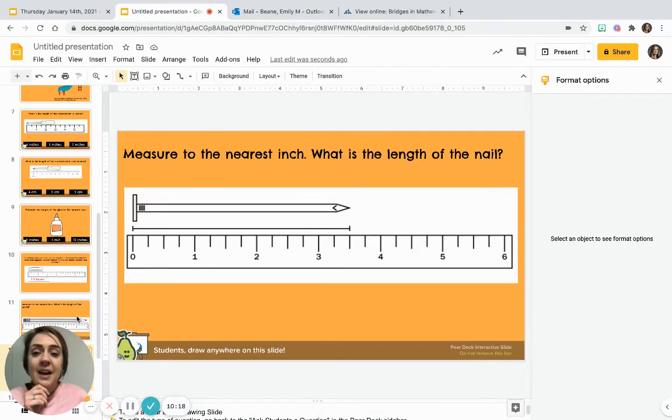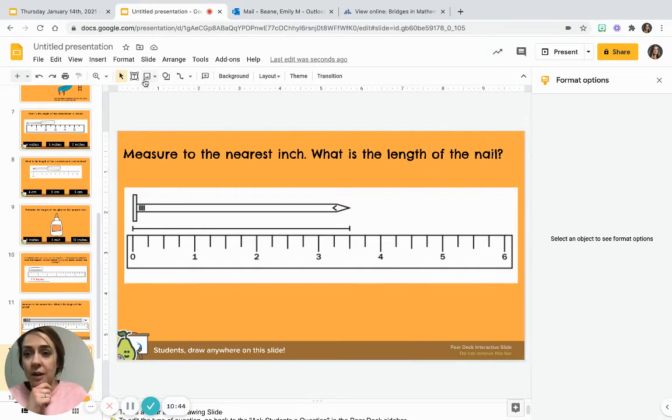But here I have a nail. And I notice that this nail doesn't stop right at the 3. It doesn't go right to the 4. It's right in the middle. And so I show that it's in the middle by writing 1/2.